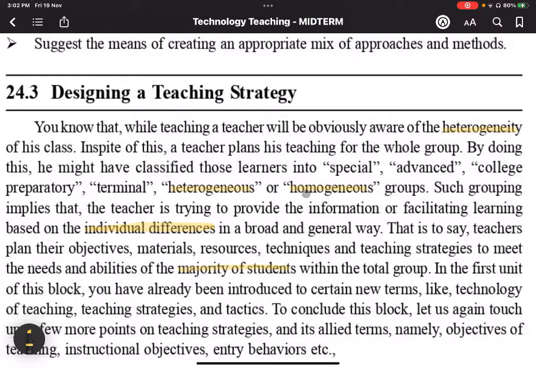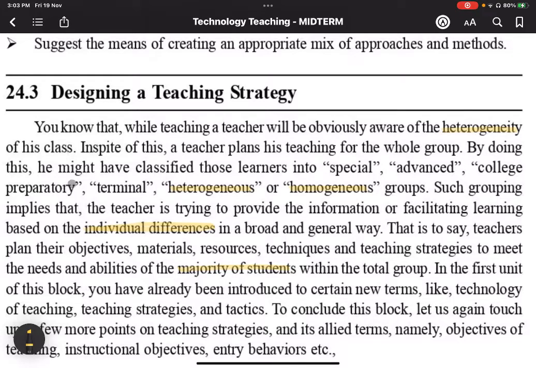Heterogeneous ito, which is the opposite of homogeneous. So, pag homogeneous, ibig sabihin, isang group, isang lahi, parang ganon. Pag heterogeneous, diverse yung kanyang attitude, magkakaiba, no? Different ang kanilang, meron silang individual differences.